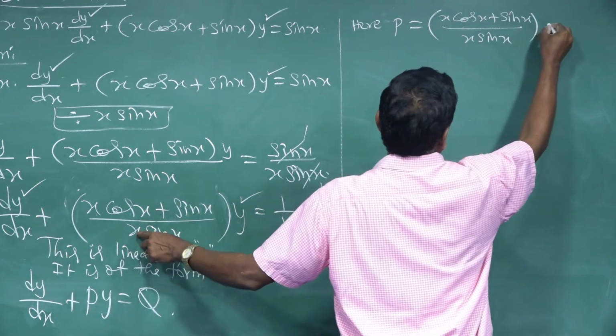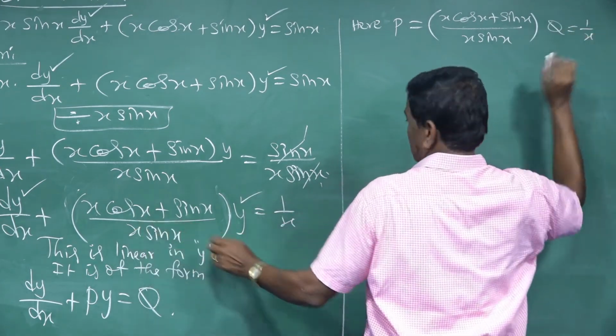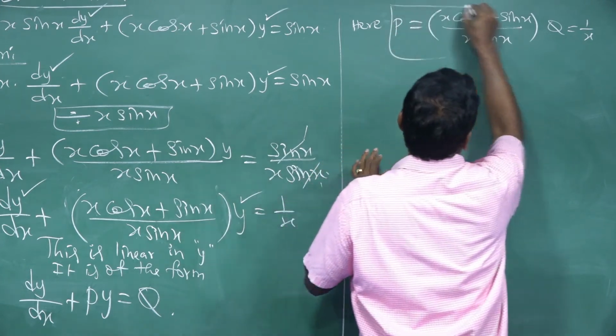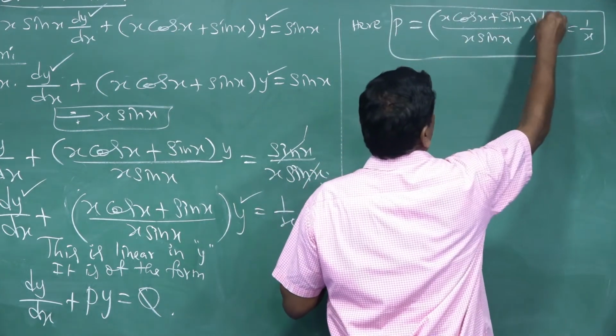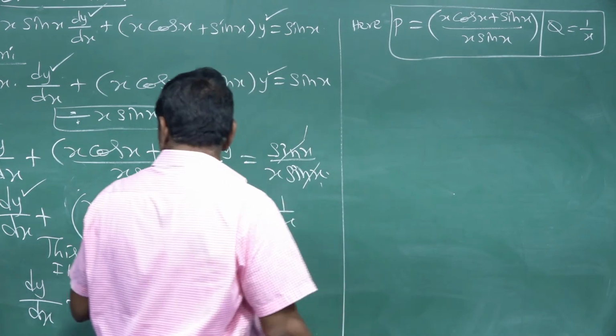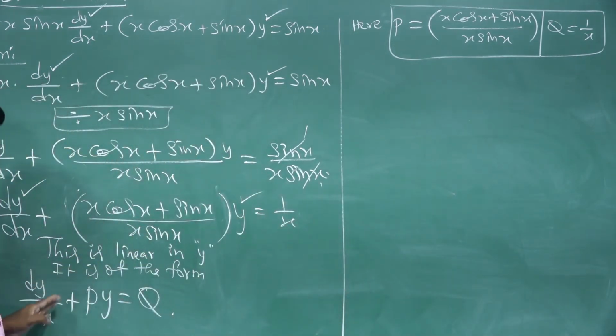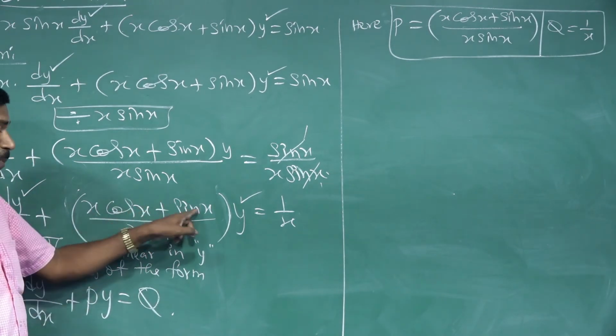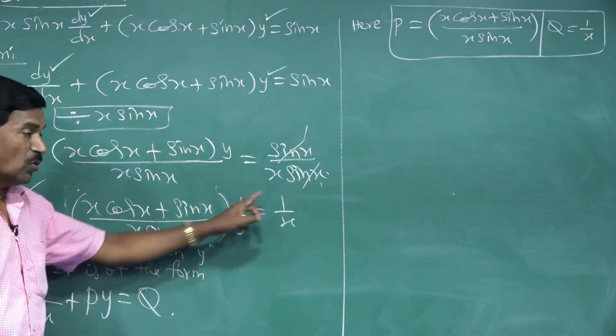Next, Q is equal to 1 by x. Box it. Up to this, ready. Again, this is linear in y, of the form dy by dx plus Py equal to Q, where P is x cos x plus sin x divided by x into sin x, and Q is 1 by x.